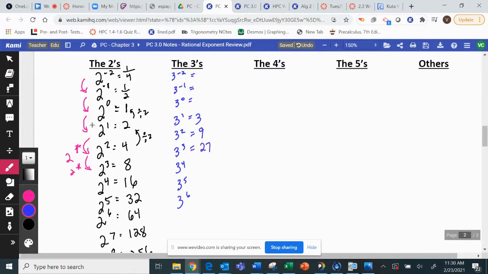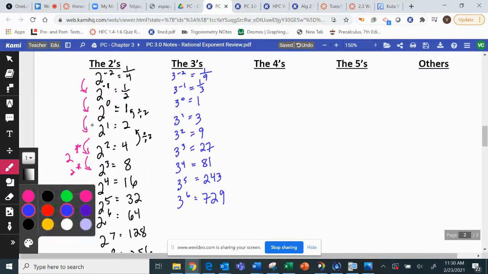Cubed is 27. Times another 3 is 81. Another 3 is 243. And one more 3, we've got 729. Now we can go backwards and divide by 3 each time. And that will give me 3 to the 0 is 1. 3 to the negative 1 is 1/3. And 3 to the negative 2 is 1 over 9.